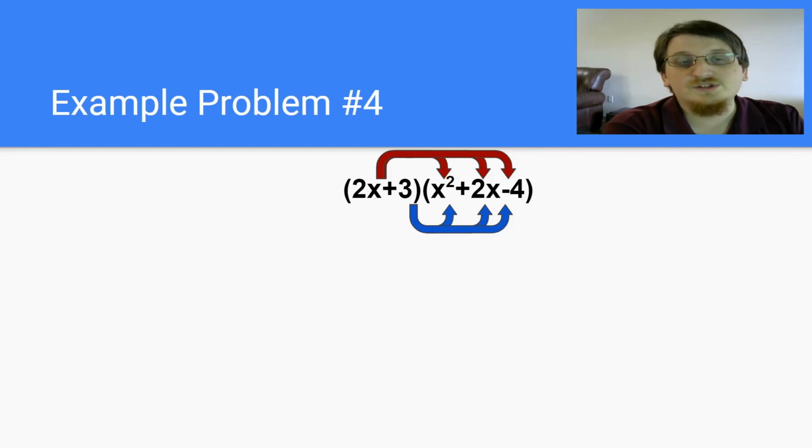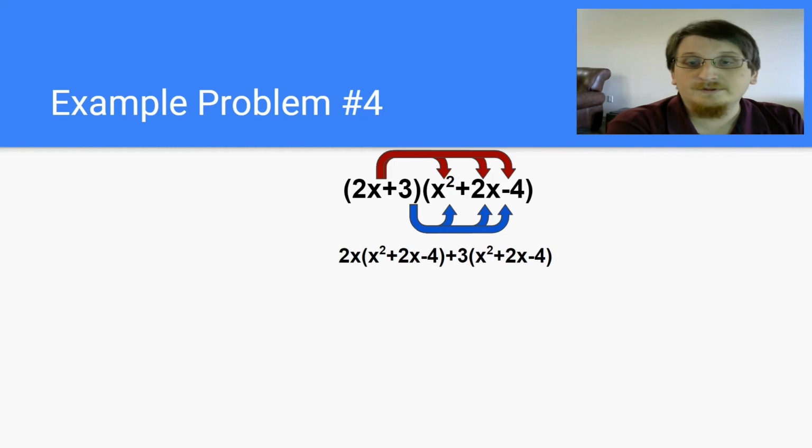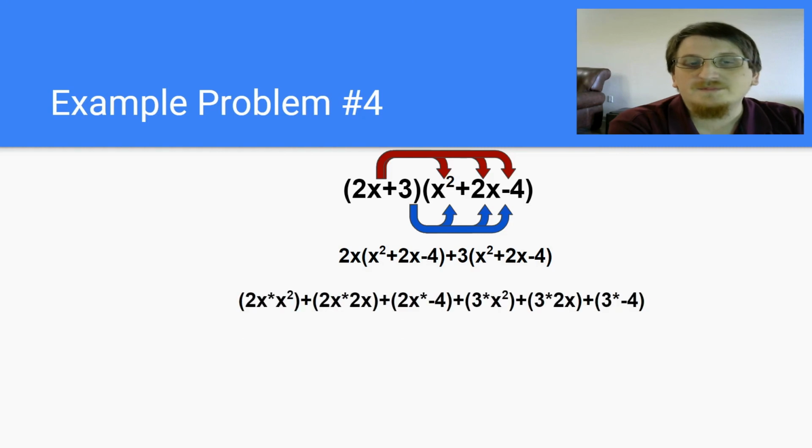Again, we start by multiplying each term by each other. So 2x times x squared plus 2x minus 4 and 3 times x squared plus 2x minus 4, like we did in the last problem. And then we multiply and distribute. An important note here is whenever we multiply 2x times x squared, this will give us 2x to the power of 3.